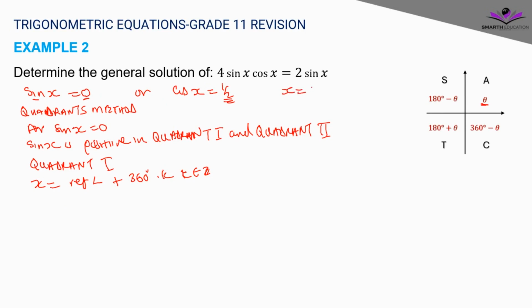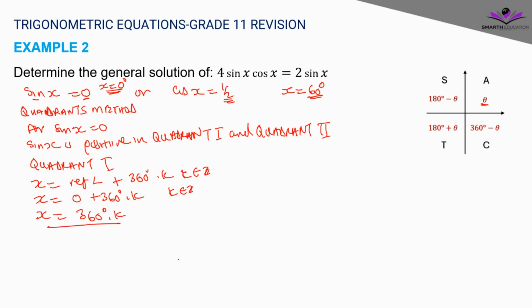So x is equal to 0 plus 360 degrees times k, where k is an integer. So x is equal to 360 degrees times k.